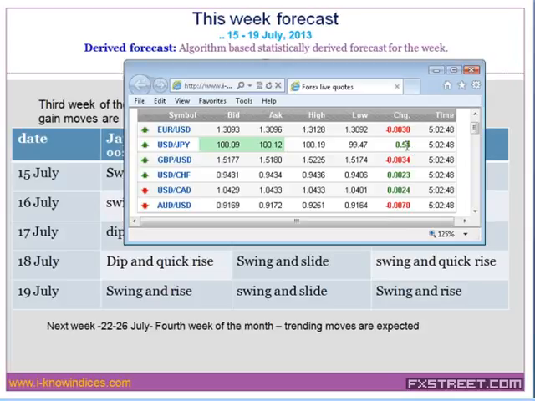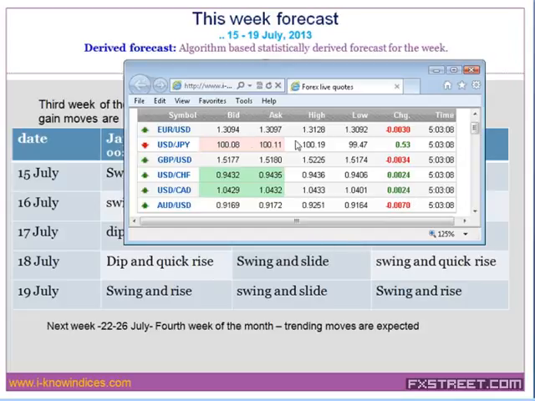Then the denominator currencies yen, CHF, and Canadian dollar are all showing positive net change. So all the currencies are showing the USD gaining more to start with, and afterwards they are expected to make a quick rise towards the late Japanese session. So from 5:30 GMT onwards, they are expected to gain.